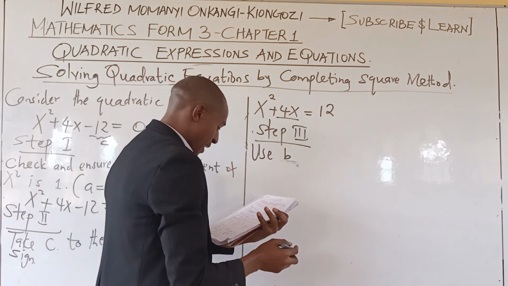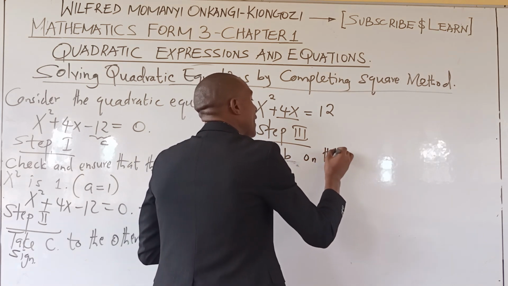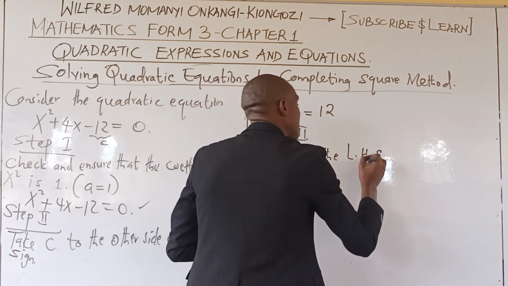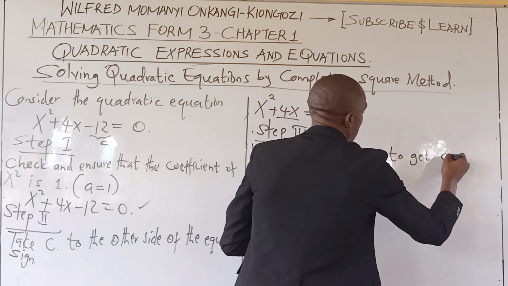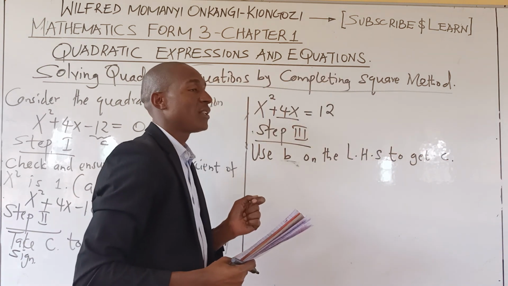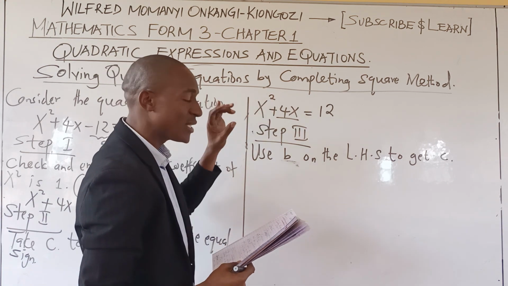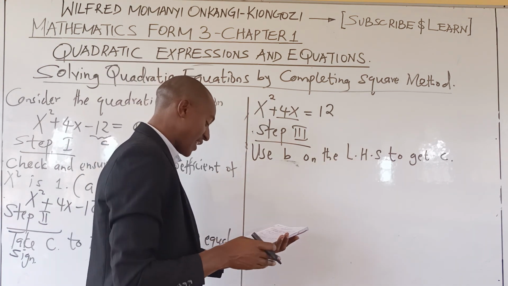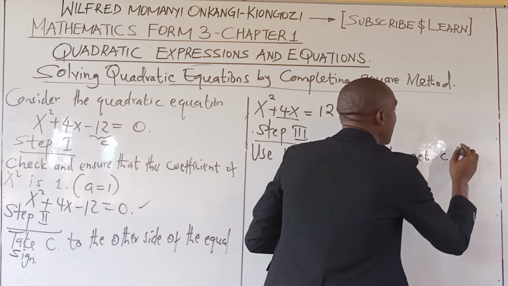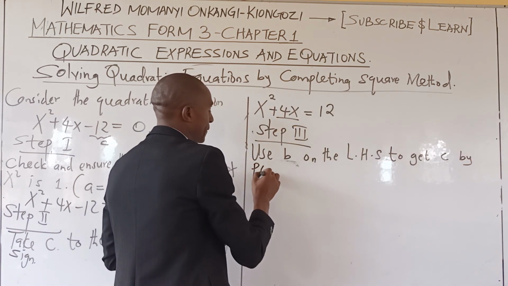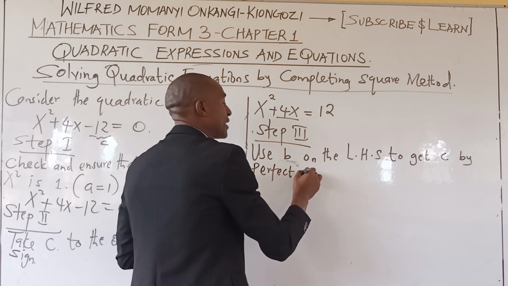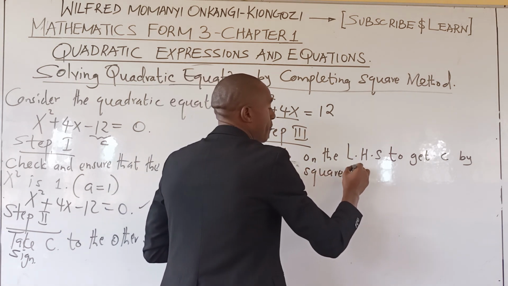Use B on the left-hand side to get C. We don't have C now, but we want to get C using the B that is left on the left-hand side by what we call the perfect square method.